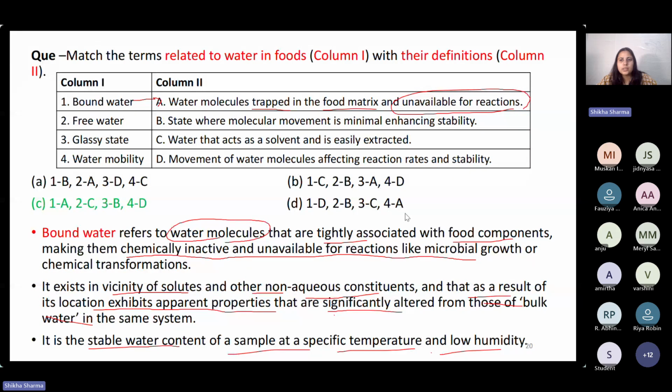Since it is in very close proximity with the food or the solute particles, it is not going to be available for any kind of reaction. So it is a chemically inactive water.